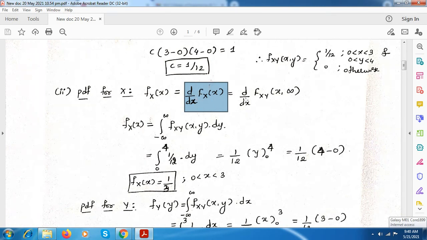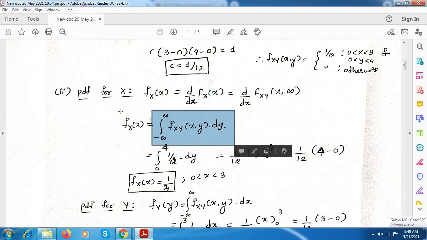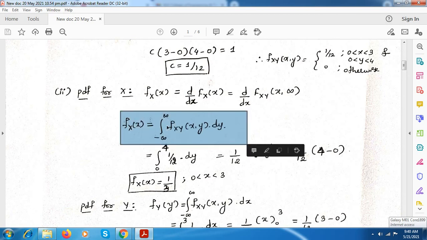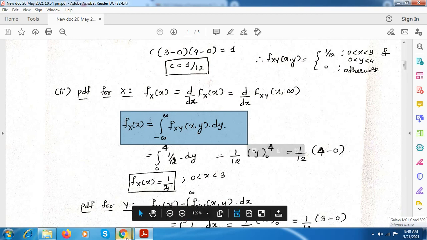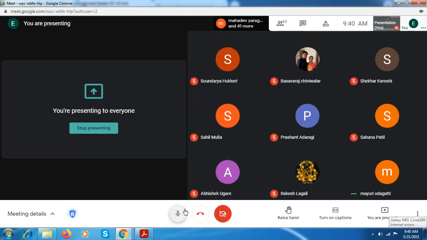So you don't know what fX(x) is here, so you can just take this. This is the marginal PDF equation, that is the integration from minus infinity to infinity of fXY into dy. So here if you see, just a minute, just wait for a minute.